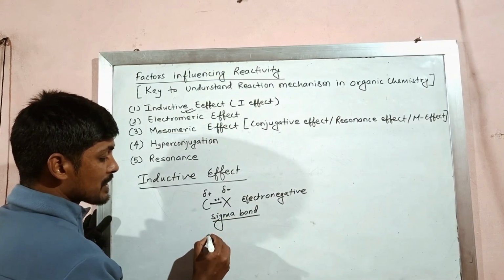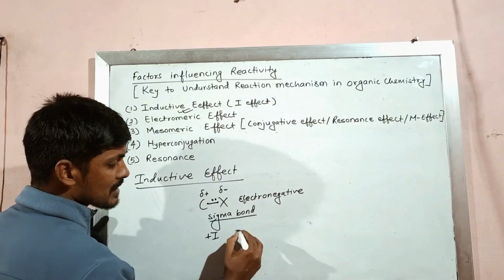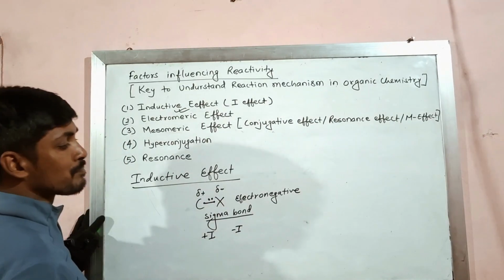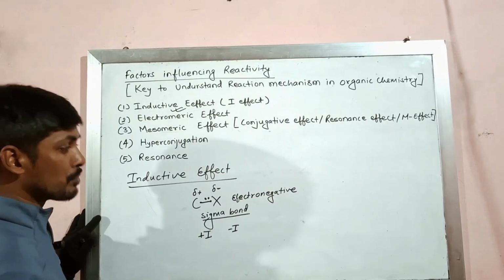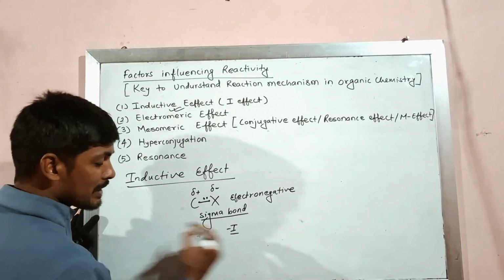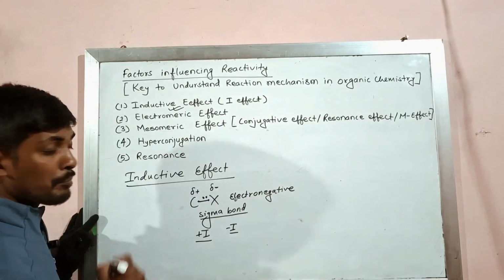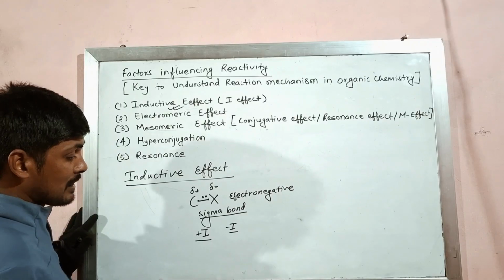It can be represented as plus I effect and minus I effect. Electron withdrawing groups show minus I effect, whereas electron releasing groups show plus I effect, or positive inductive effect.